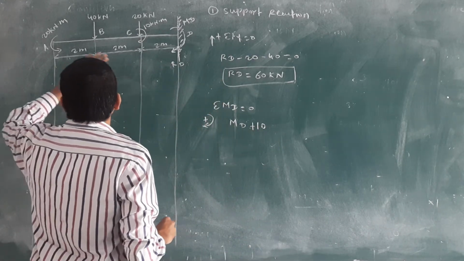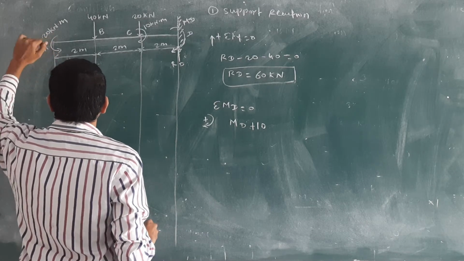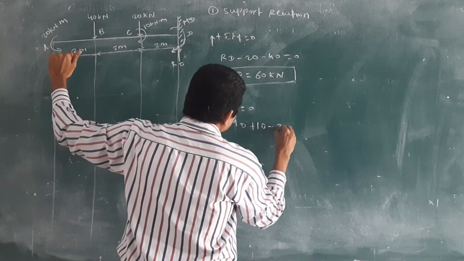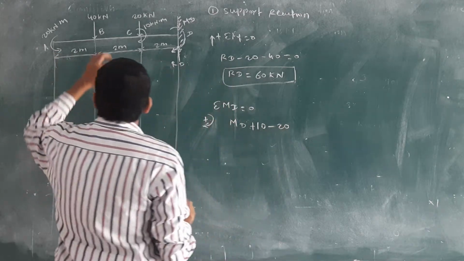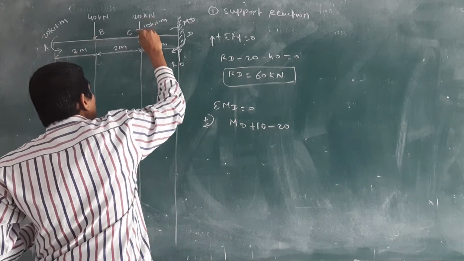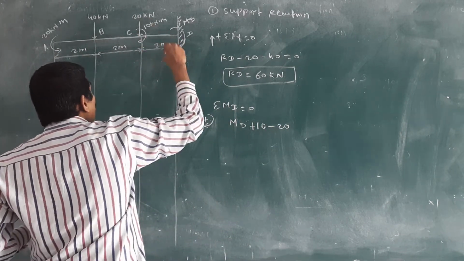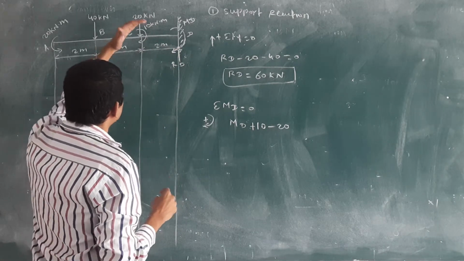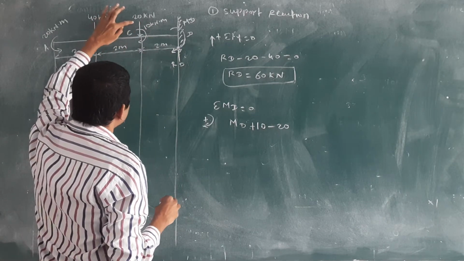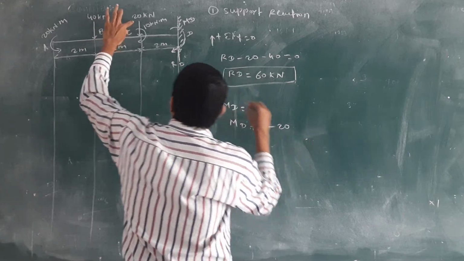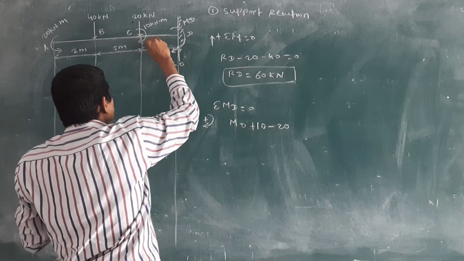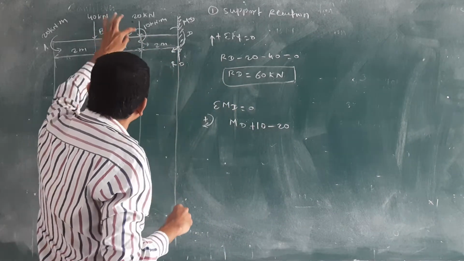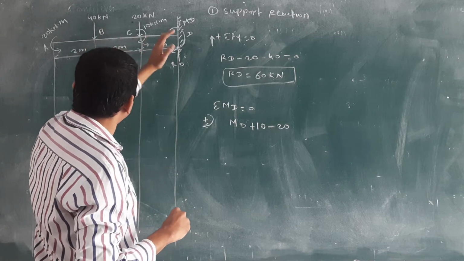Then there is one moment at point A in the anti-clockwise direction, minus 20. Then this point load is also converted into a moment. How to convert this? Force into distance. The force is 20 kilonewton, going in the anti-clockwise direction, so we take it negative as we move left to right.